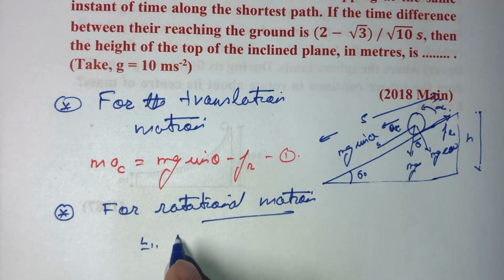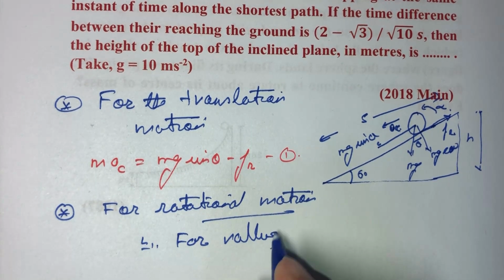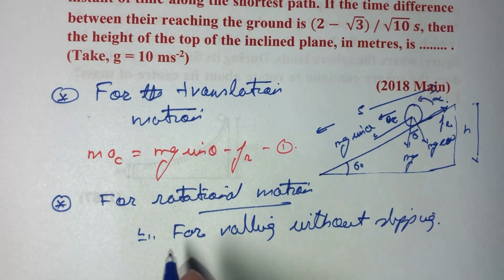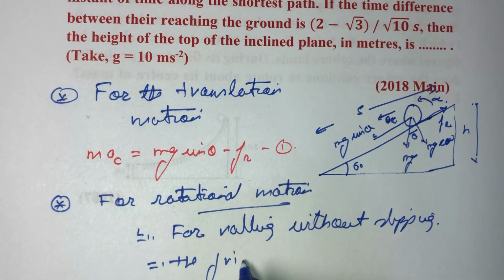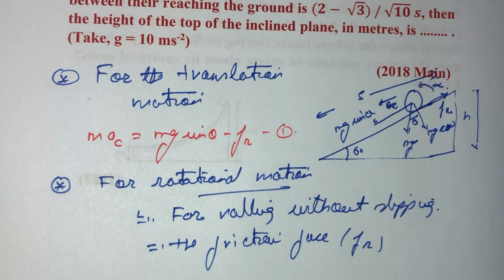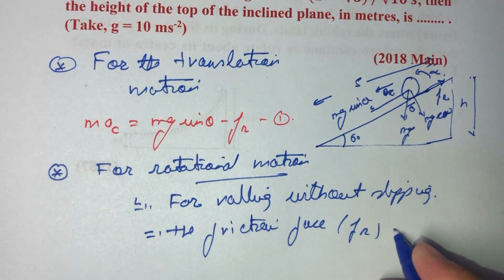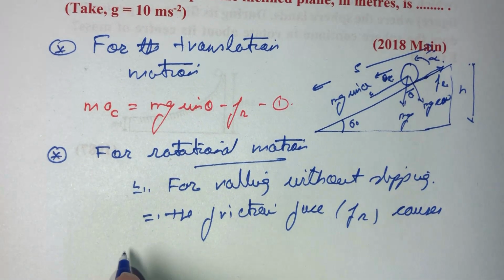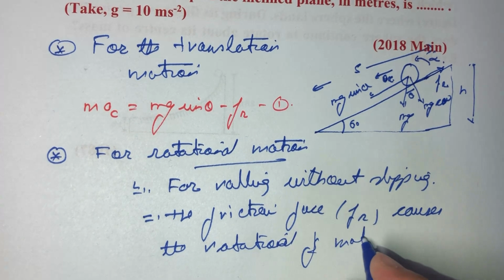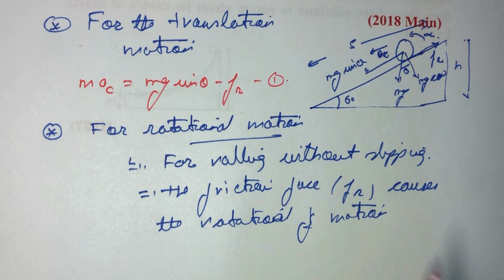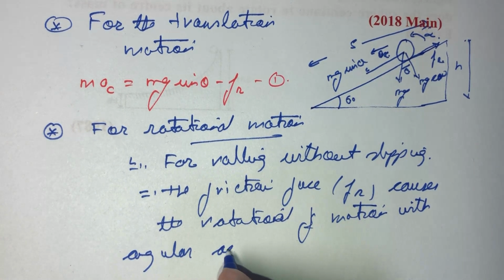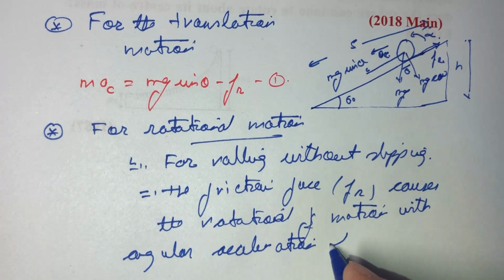You can say for rolling without slipping, the frictional force Fr causes the rotational motion with angular acceleration alpha.